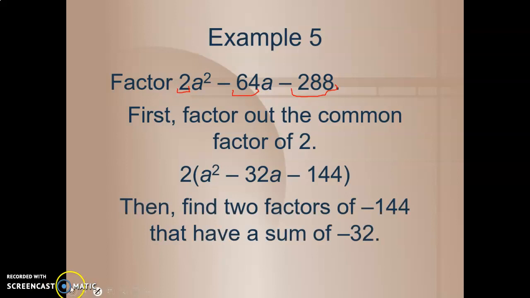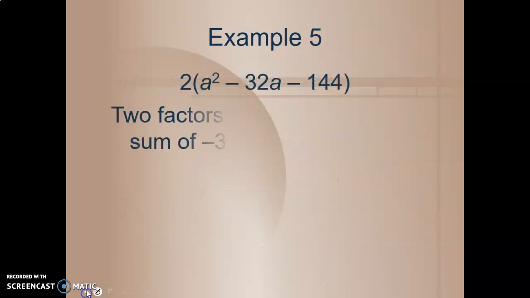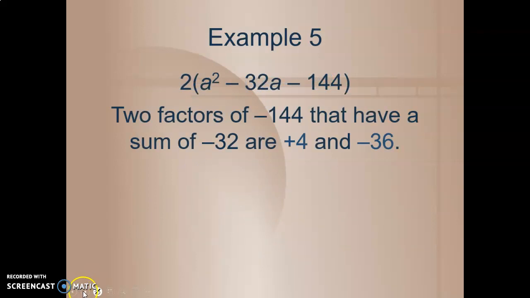From there, we can then follow the steps that we've been following. Split into two binomials, take our factors of a and make those the first terms, and then find two factors of negative 144 that have a sum of negative 32. The two factors of negative 144 that have a sum of negative 32 are positive 4 and negative 36.